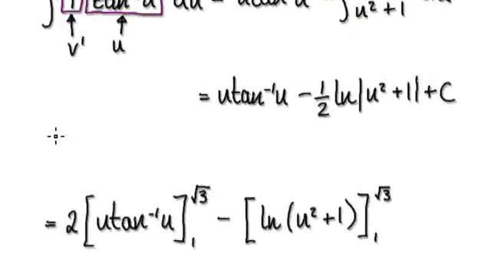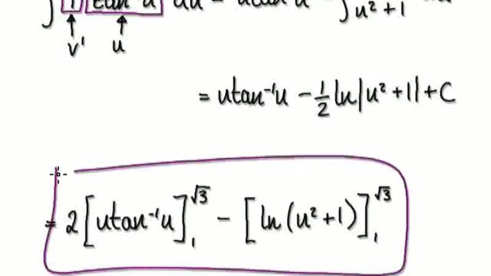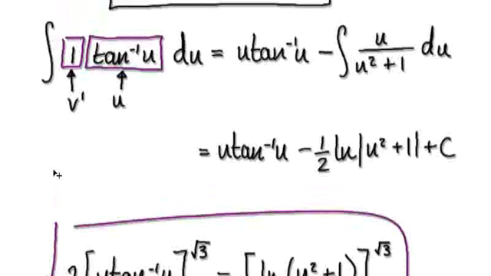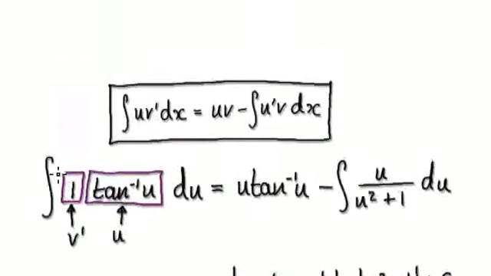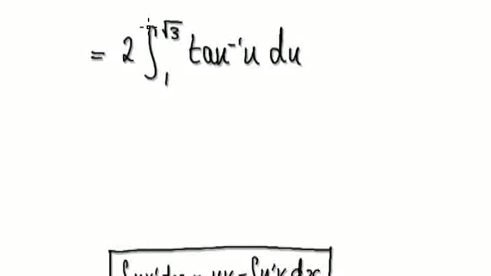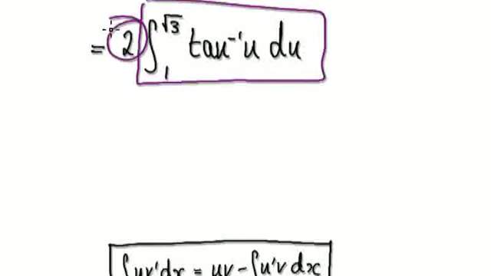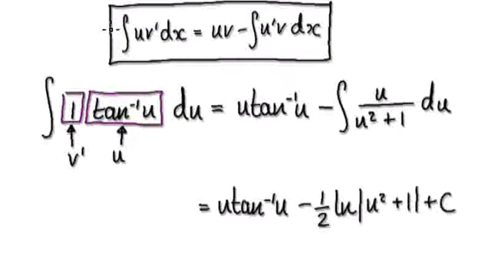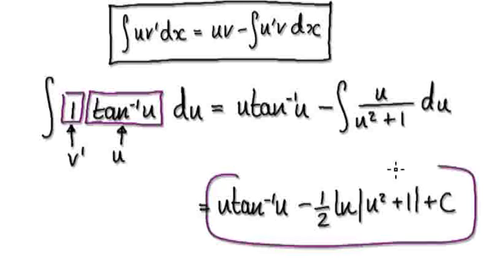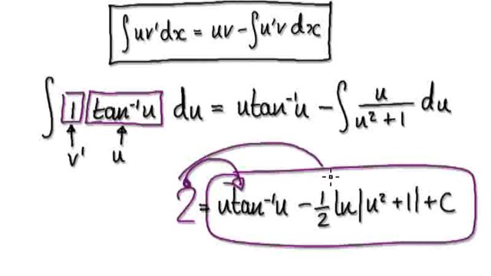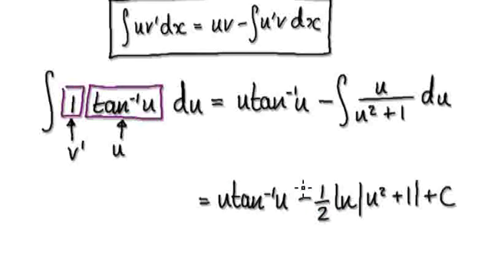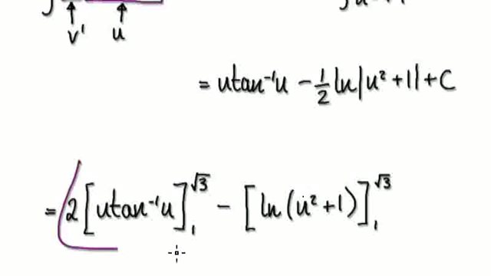Sorry, let me go back one step. If you look at this whole block here, don't forget you still got the 2 here. So when you integrate it, it will give you this, but then you've got the 2 out here. So you've got to get this times this and this times this. So this 2 here will cancel out with this half. Well, anyway, it will take you to here.